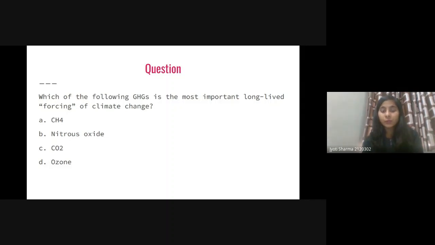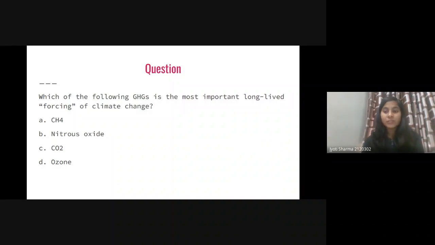So in this question, we have to keep in mind that we are asking for the gas that has the long lifetime. So what's the life? You must know what should be the life. What is the lifetime of methane? What is the lifetime of nitrous oxide, carbon dioxide, or the ozone? And the second thing, we also should know which of these are the greenhouse gases.